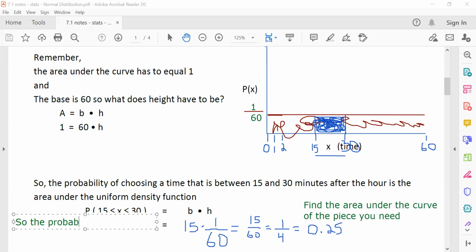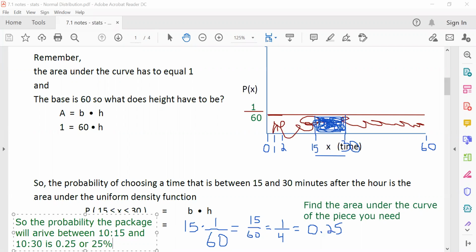So the probability the package will arrive between 10:15 and 10:30 is 0.25 or 25%, which makes perfect sense because you're talking about a 15-minute time period within an hour, which is exactly 1/4 of an hour. It's a quarter of an hour.